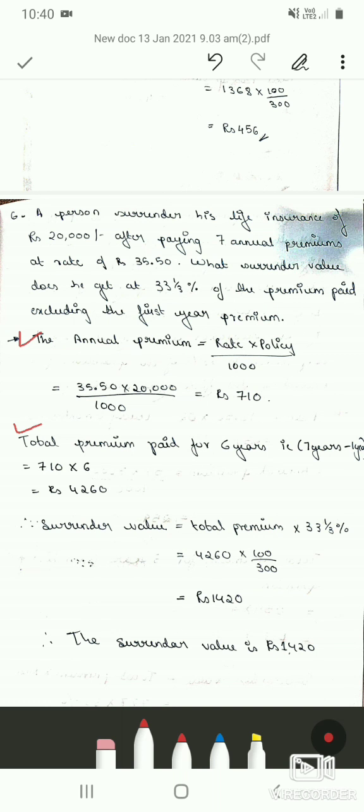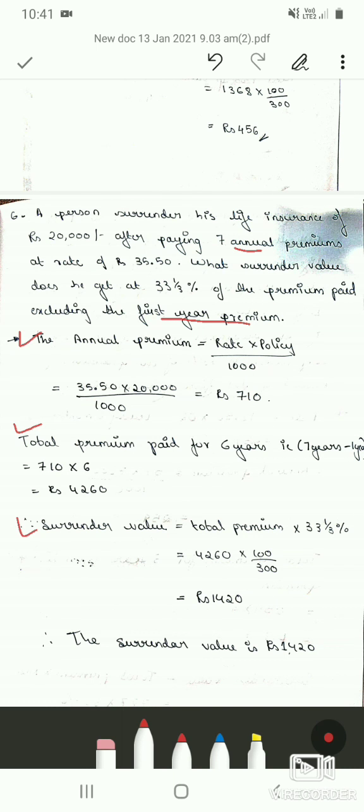Now the total premium paid: annual premium is paid for 7 years, and in this we have to exclude the first year premium. Therefore total premium paid would be for 6 years. So total premium can be calculated as annual premium into number of years, that is rupees 710 into 6, which is rupees 4,260.